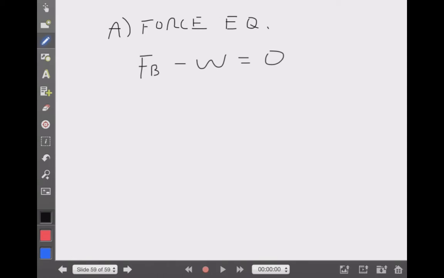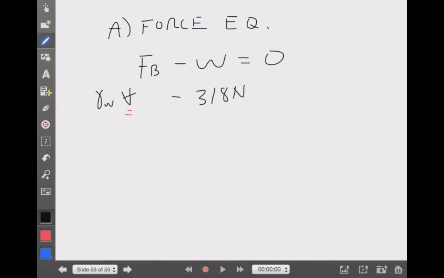We know the weight again is 318 newtons, but in this case we're interested in the submerged volume. So we're going to just leave this as V and calculate that entire volume.